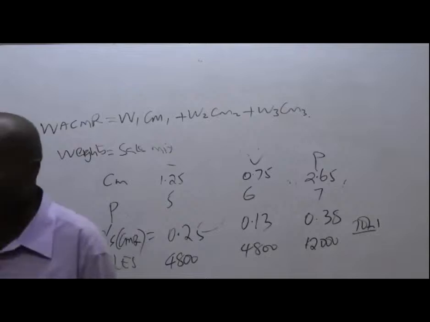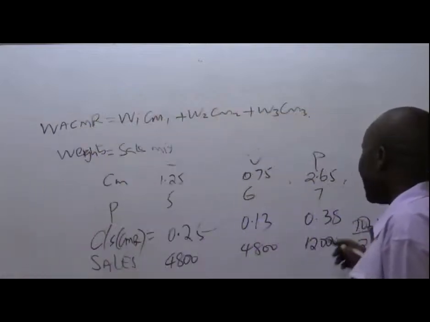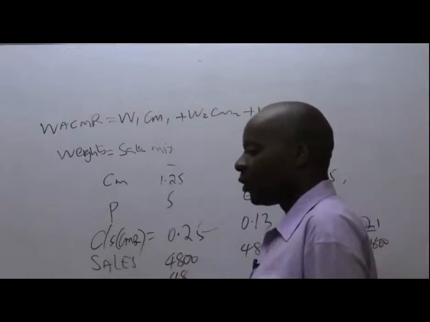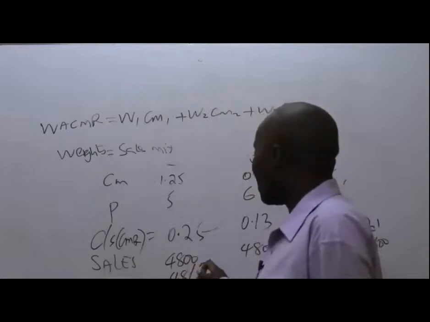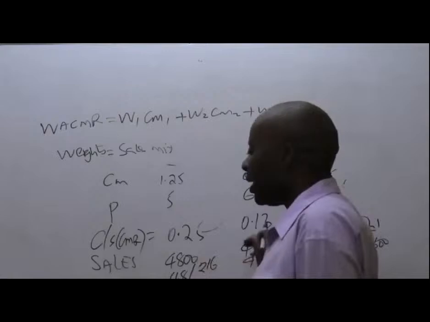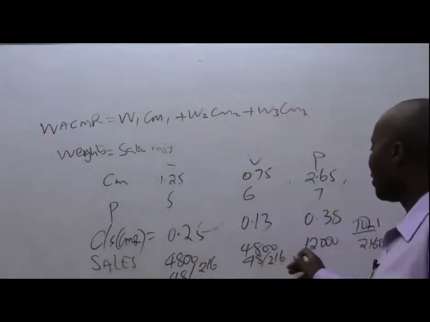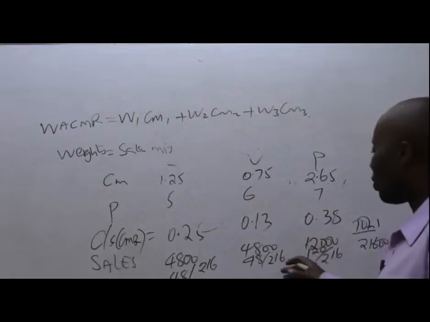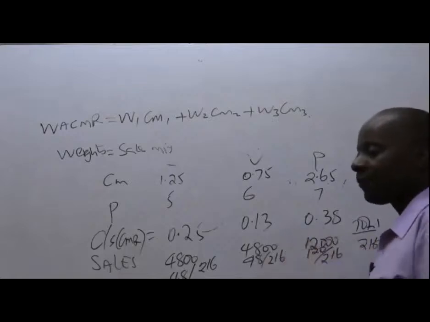So somebody gives me 21,600. Meaning, ladies and gentlemen, that the weight of S will be 48 out of 216. This as well will be 48 out of 216. This will be 120 out of 216. So what I've done is to chop off the 2 zeros like that.